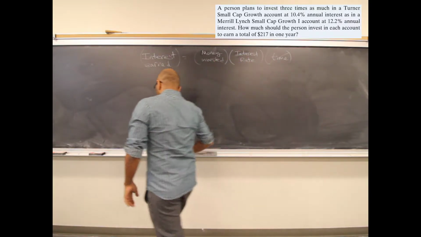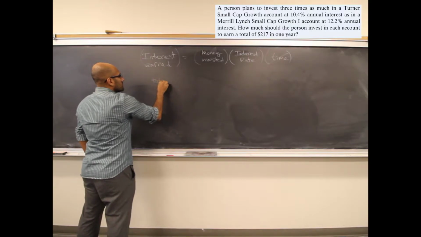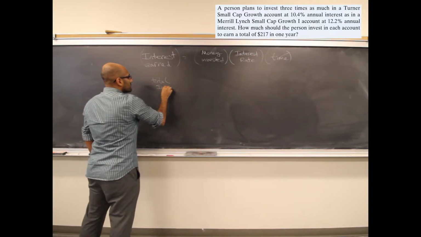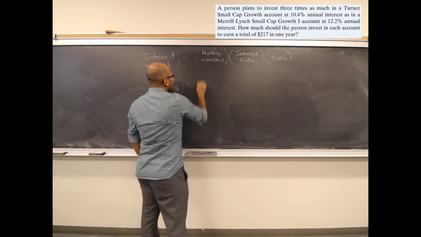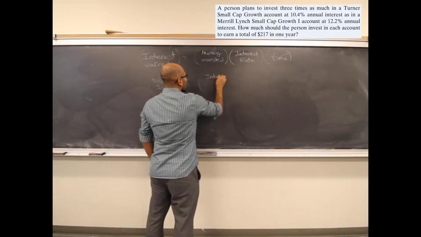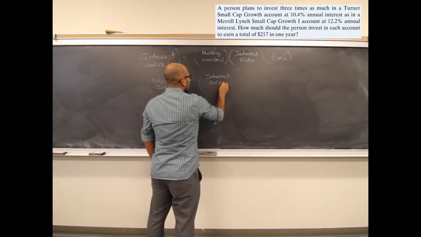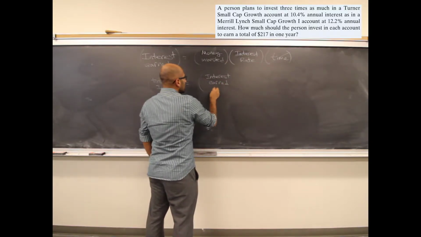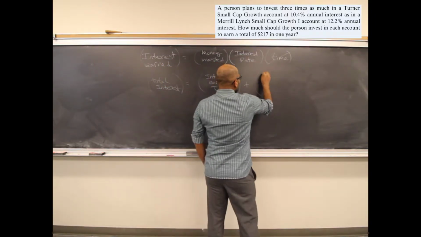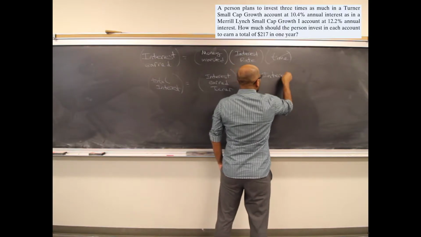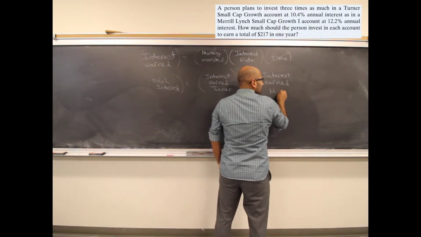In this particular situation, the total interest earned for us is going to be equal to the interest earned from the Turner account plus the interest earned from the Merrill account.